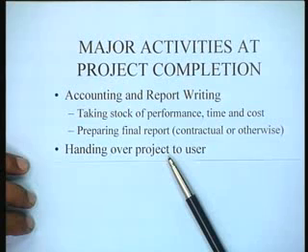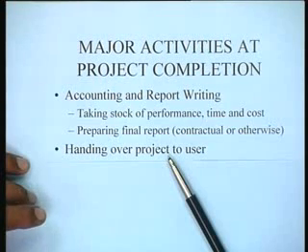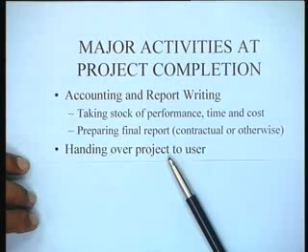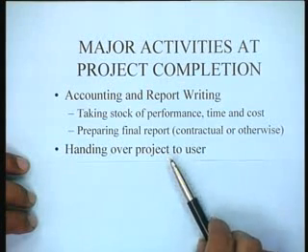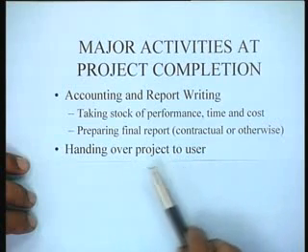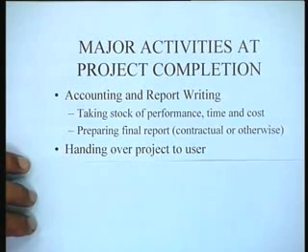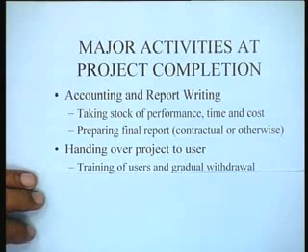For instance, if your project is to set up a refinery, as long as the refinery is not set up, the project staff will be there doing this job. But at the time when that refinery is complete, it has to be handed over to the regular production people. So there has to be a gradual process of handing over and taking over.